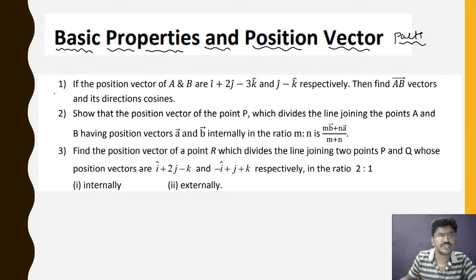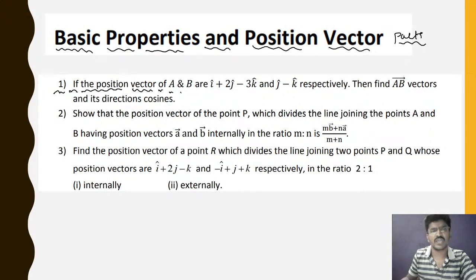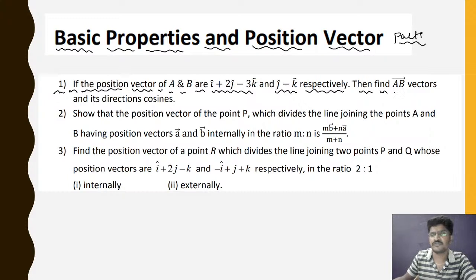Okay, first let us go for the first problem. See here, if the position vectors of A and B are i cap plus 2j cap minus 3k cap and j cap minus k cap respectively, then find vector AB and its direction cosines.